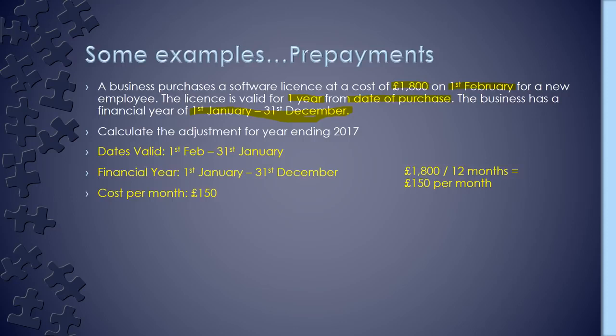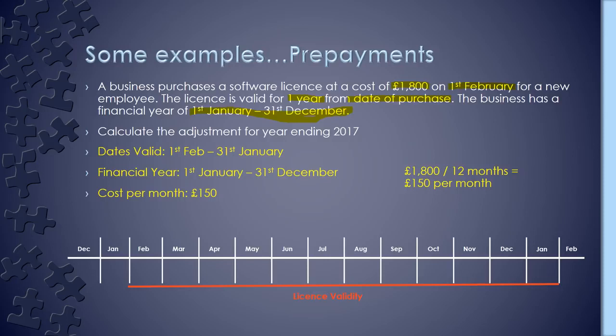So let's have a look at it in timeline form. Here's my little chart and where my licence validity is. So it's from February to the end of January. And then let's have a look at the financial year. We've got January to December. So we know, looking at this, that the cost of that licence through all of these months for the year-end accounts is absolutely fine.